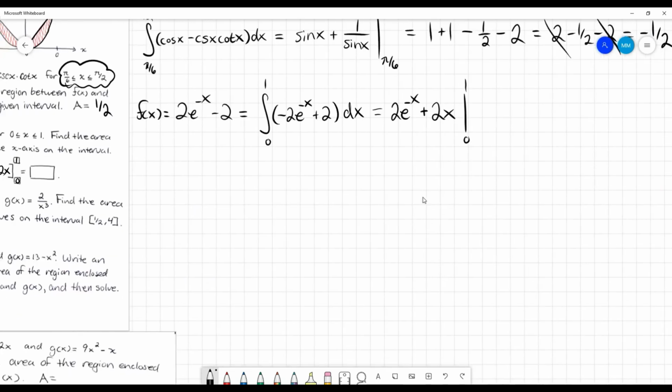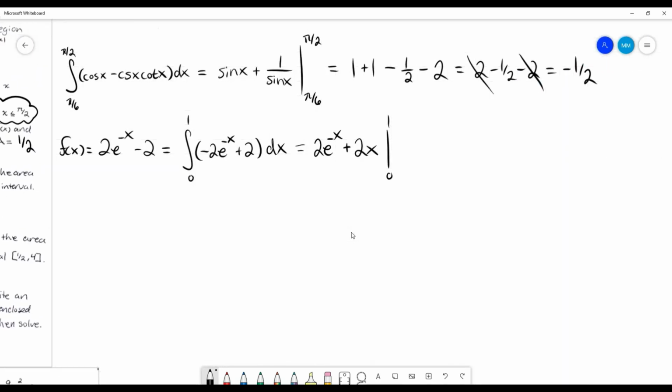And now we have to just plug in those bounds and evaluate. So if I plug in a 1, that's going to be 2 times e to the negative 1, so it's going to be 2 over e, plus 2 times 1, which is just 2. And then we want to subtract plugging in our lower bound.